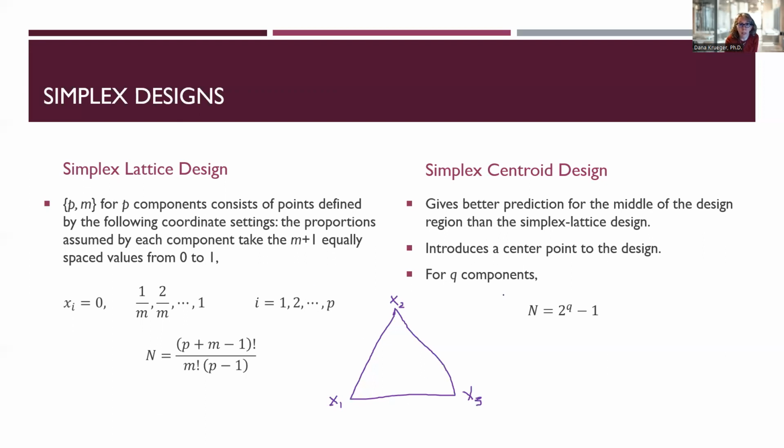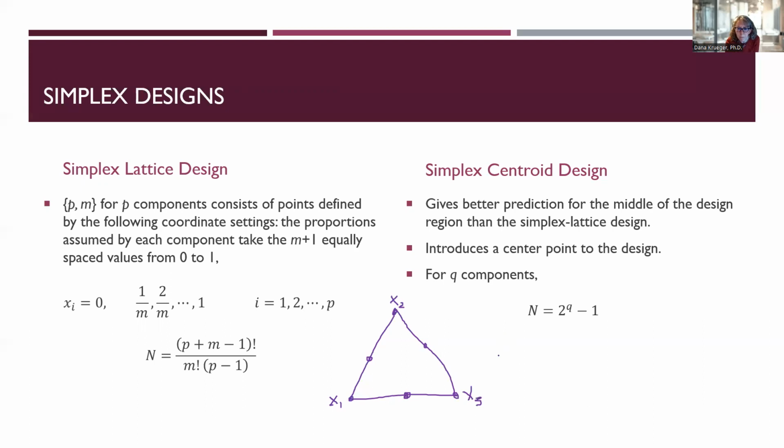So we've got three components. So the P is going to be our 3. And M is going to be how many points we want to look at. So if we want to look at 0, 1/2, and 1 for each of these, then M is going to equal 2. And we would have these 6 design points.